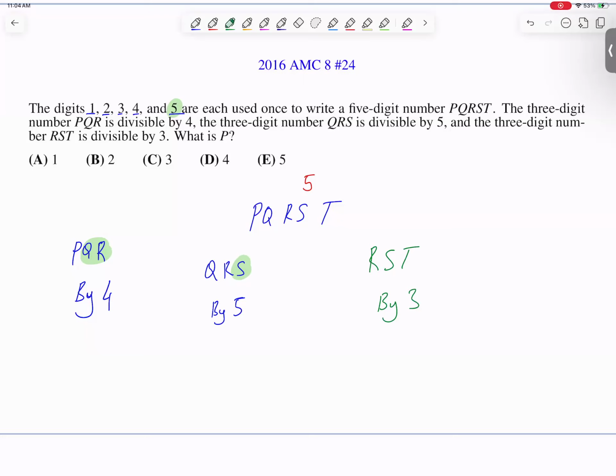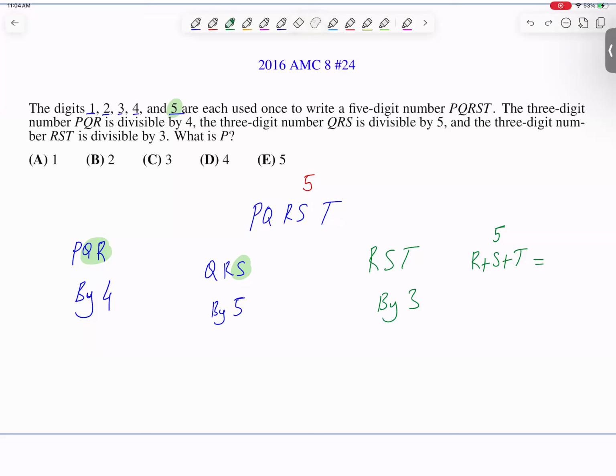If RST is divisible by 3, then R plus S plus T, the sum of the digits, has to be a multiple of 3. We know that S is 5. The closest multiple of 3 is 6, but that's not possible because we have at least 2 digits and the smallest one is 1.